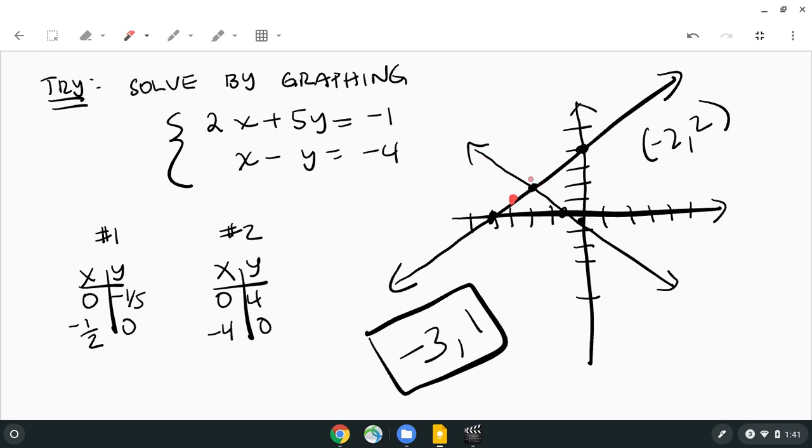So here we used the graphing method. In the next section, we're going to be looking at more precise methods of finding the solutions. We're going to be looking at algebraic methods. So make sure you do your graphs nice and neat so that you get as close to the right answer as possible.